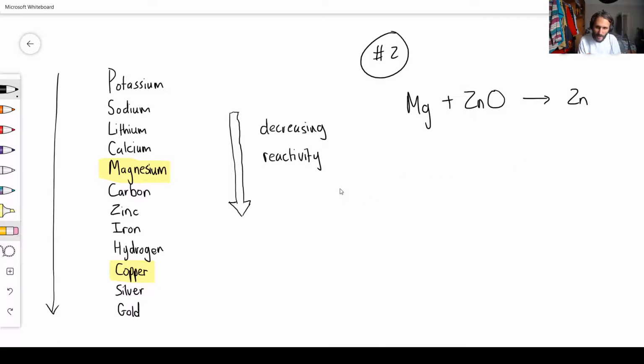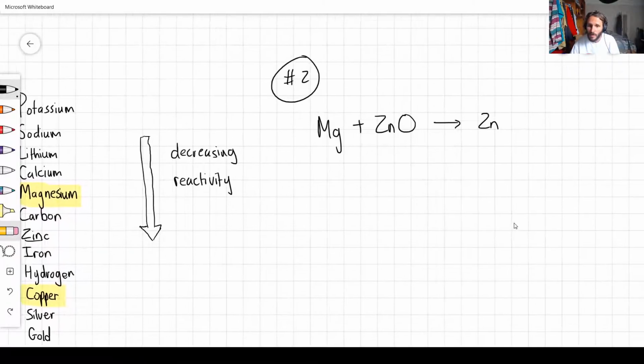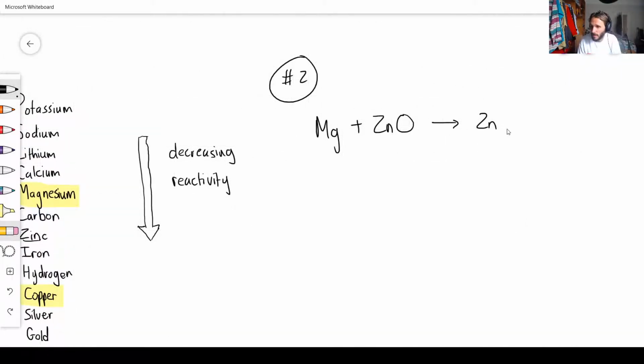Let's see if this is going to happen. Magnesium's over here. Where is zinc? Zinc is over here. This is going to work. So we're going to be left with zinc plus magnesium oxide. This is what would happen in this example.